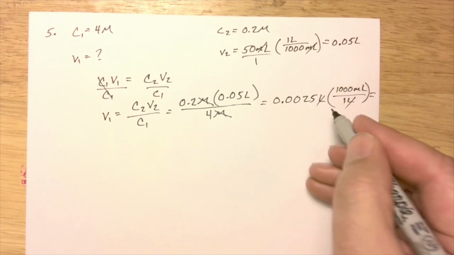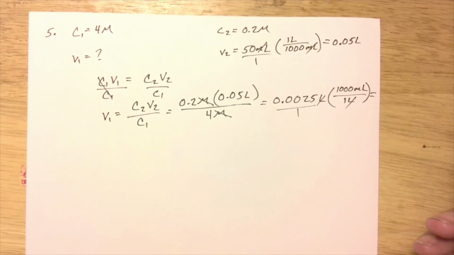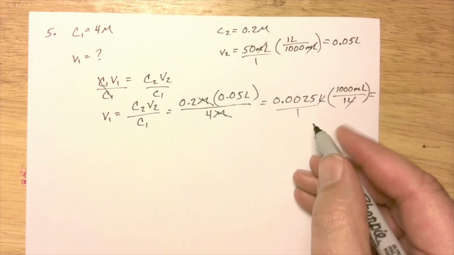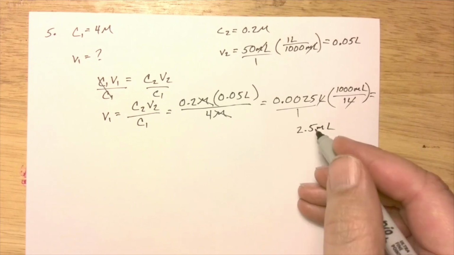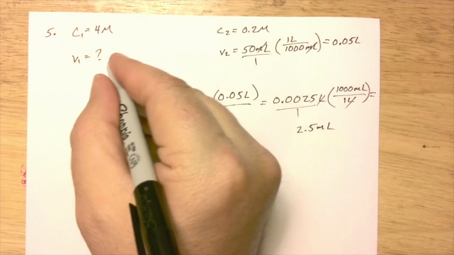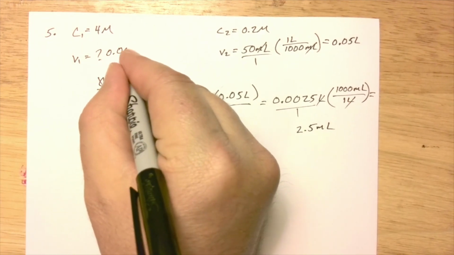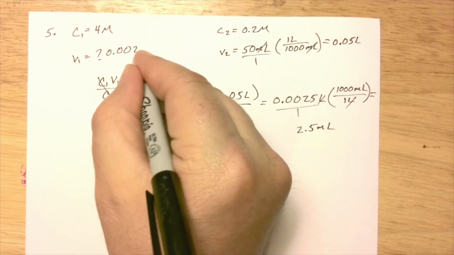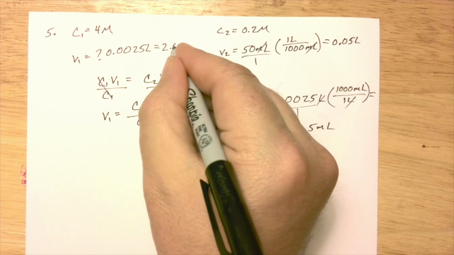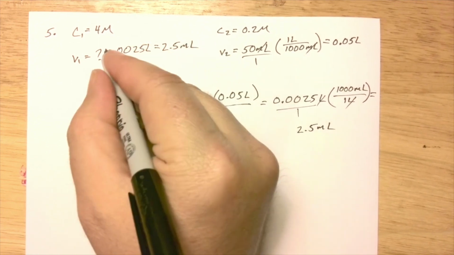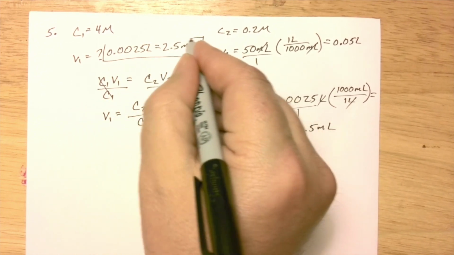Liters will cancel out. So that comes out to be 2.5 milliliters. So 0.0025 liters is the same thing as 2.5 milliliters as your final answer.